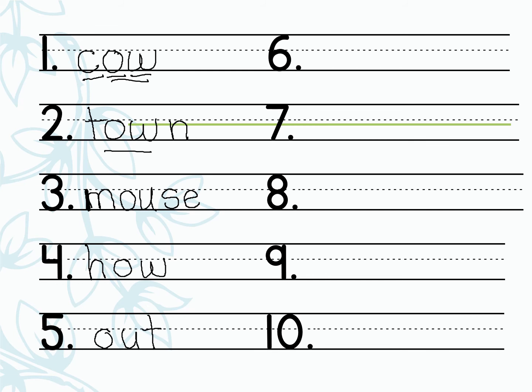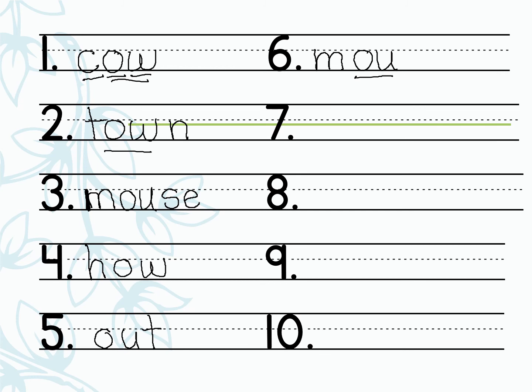Good job. Number 6. Number 6 is mouth. All right, pull down on your M and then go up and over the mountain, up and over the mountain. Ow, ow. That's going to be an O-U. Now remember, if you accidentally put an O-W, it's okay if you make a mistake.